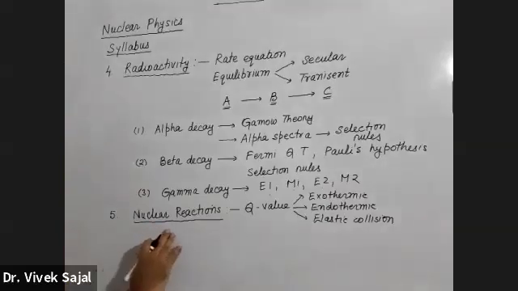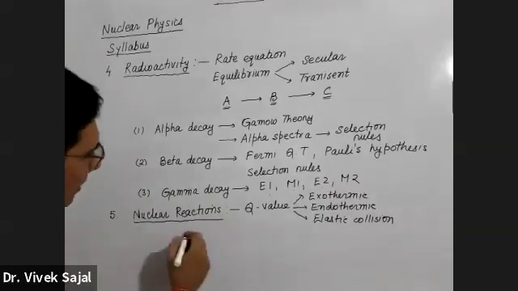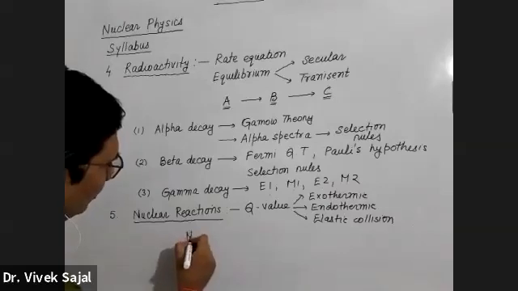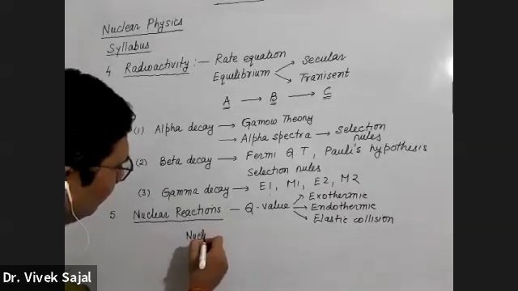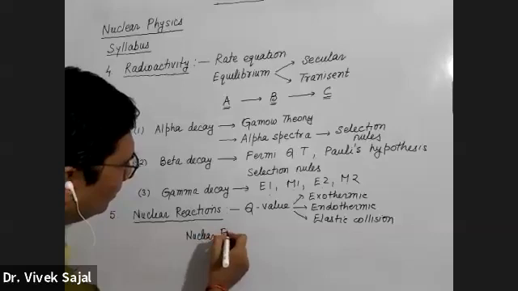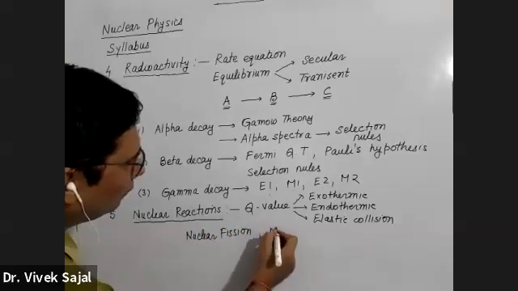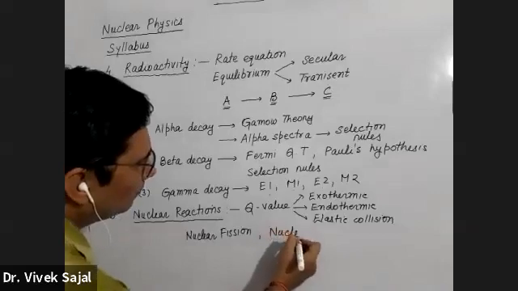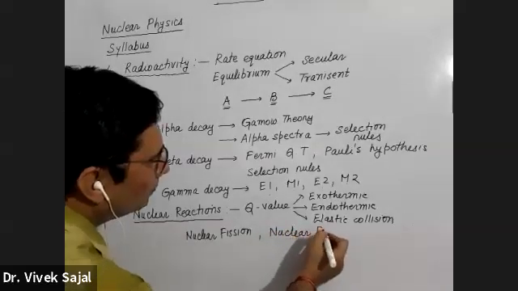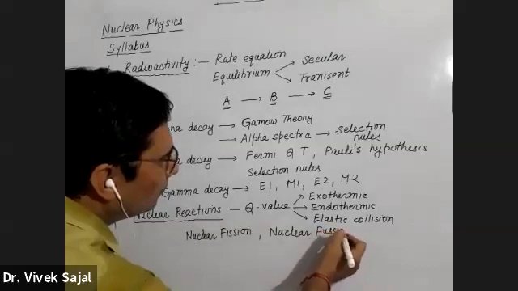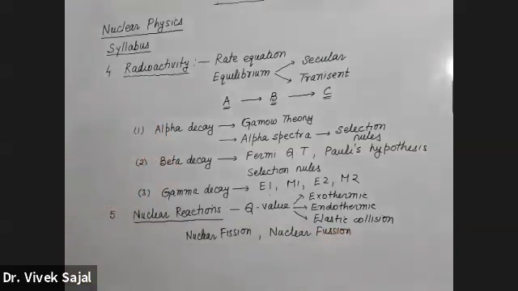After this, there are two specific types of nuclear reaction. One is known as nuclear fission, and the second is nuclear fusion. We will try to find out the causes of this and the consequences of this.